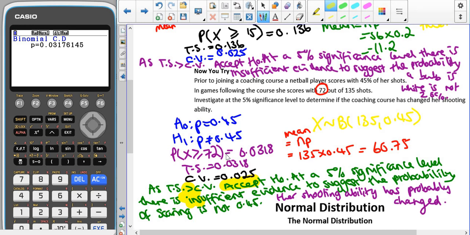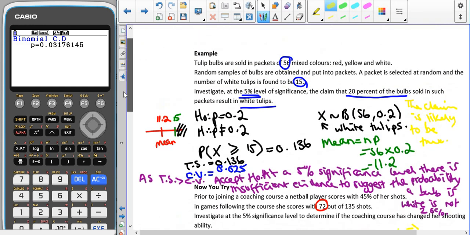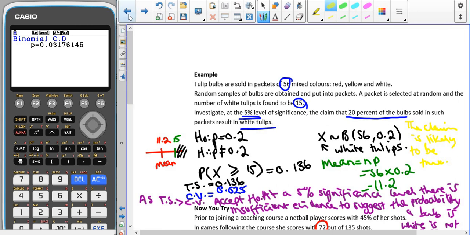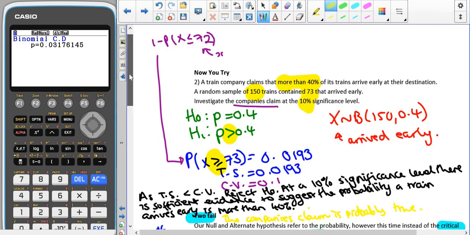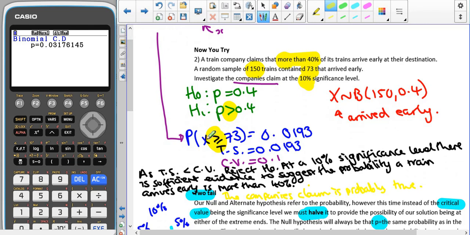Also, having a look back at the one-tail hypothesis tests, if you are not happy with the fact that the symbol we use to find the probability is going to be the same as what's in the hypothesis test with one-tail tests, you can still use the same method that we were talking about for the two-tail test.